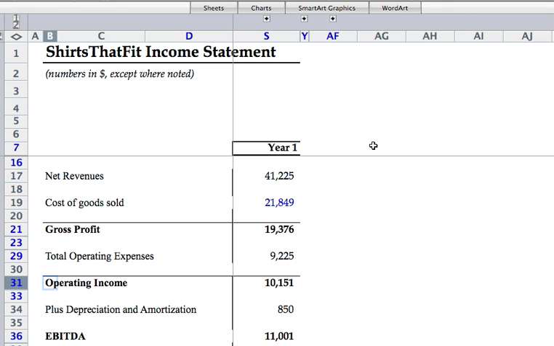As we move down, we have this line that you see, depreciation and amortization. These are what we call non-cash expenses. Depreciation takes into account the wear and tear on assets such as machinery, tools, and furniture, which are used over a long period of time. The way that accounting works, companies actually spread the costs of these assets, so furniture, tools, buildings, real estate, over the period of time in which they are used.